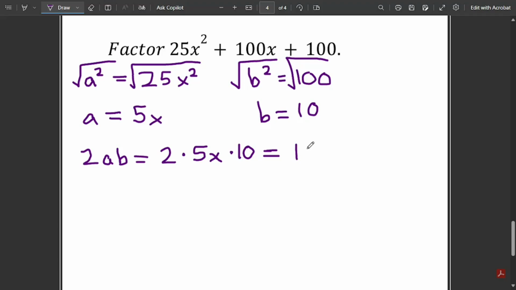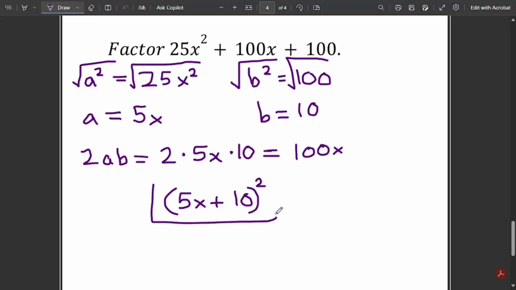So this is a perfect square trinomial. So this is going to factor to 5x plus 10 squared. And there we go. That's all there is to it.